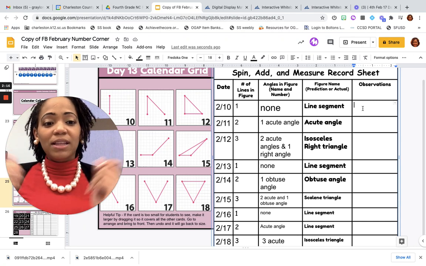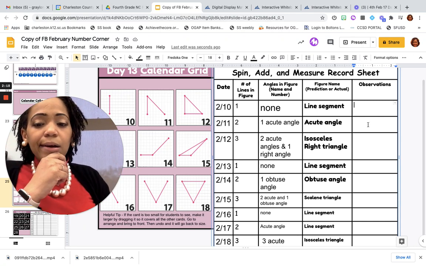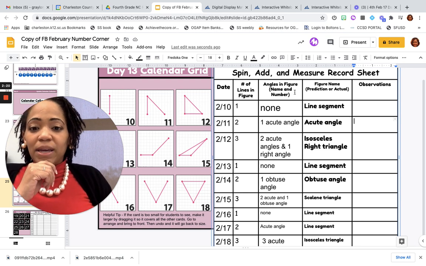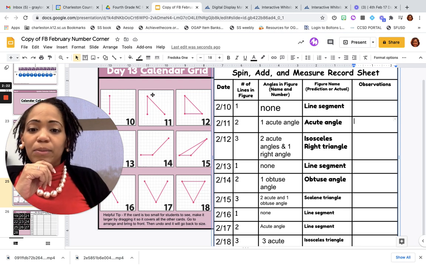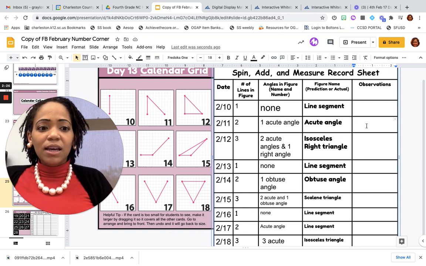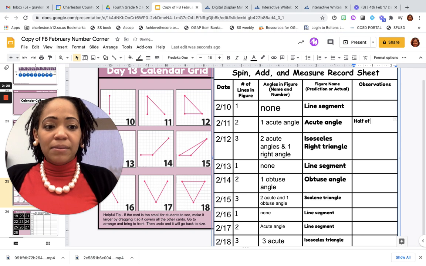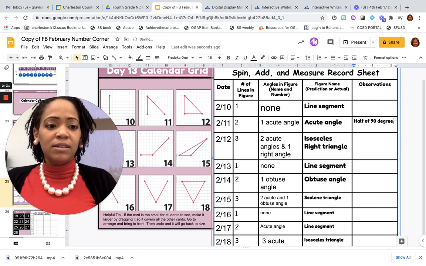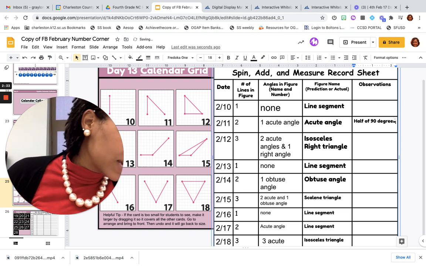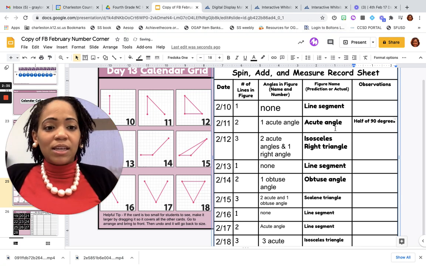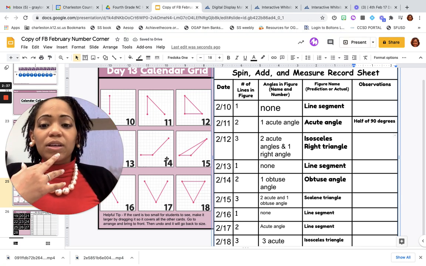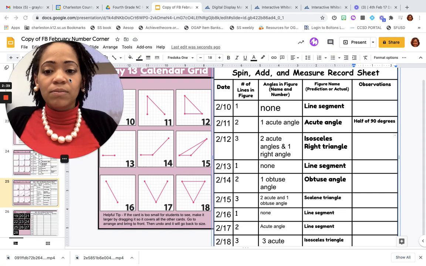So we have a line segment, no real observations to make here, but maybe for the 11th, remember what we said about what this kind of looks like? It looks like maybe half of 90 degrees. That's what I'm thinking it is. And we know that it's an acute angle. So then we have this triangle.